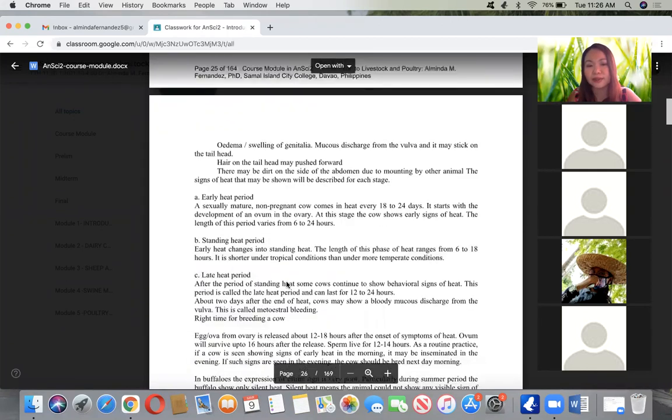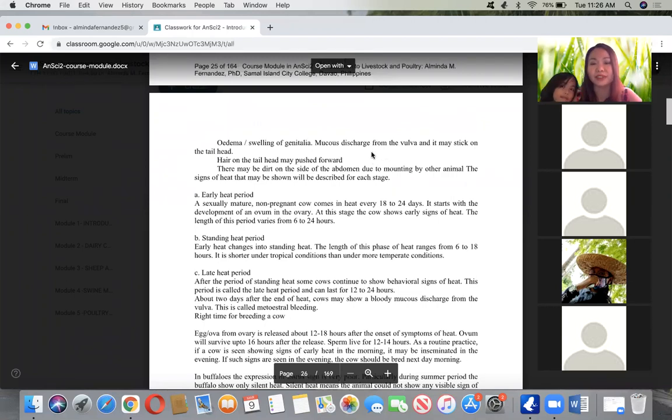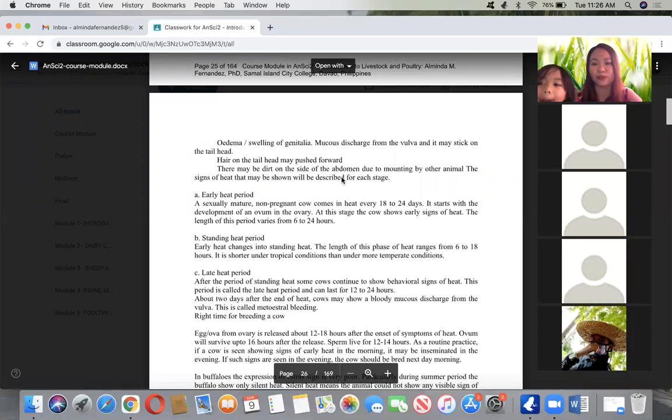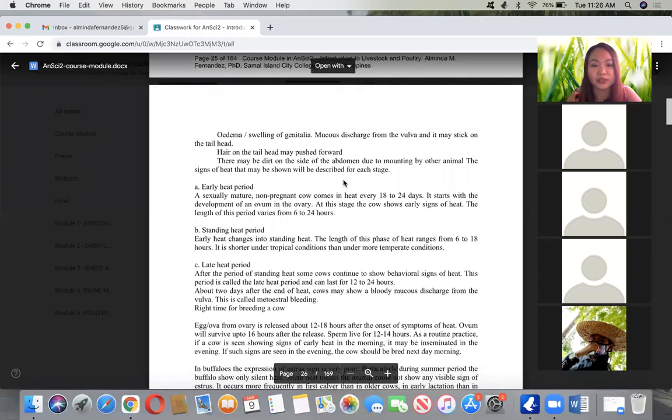You can also observe mucus discharge on the genitalia or vulva. It is a bit red. Almost all animals have the same characteristics. There is also hair on the tail head that may be pushed forward.